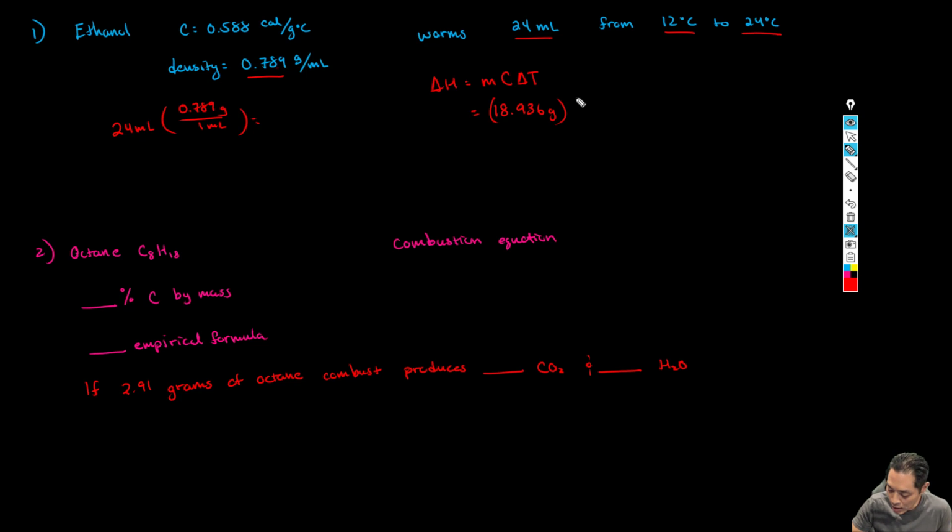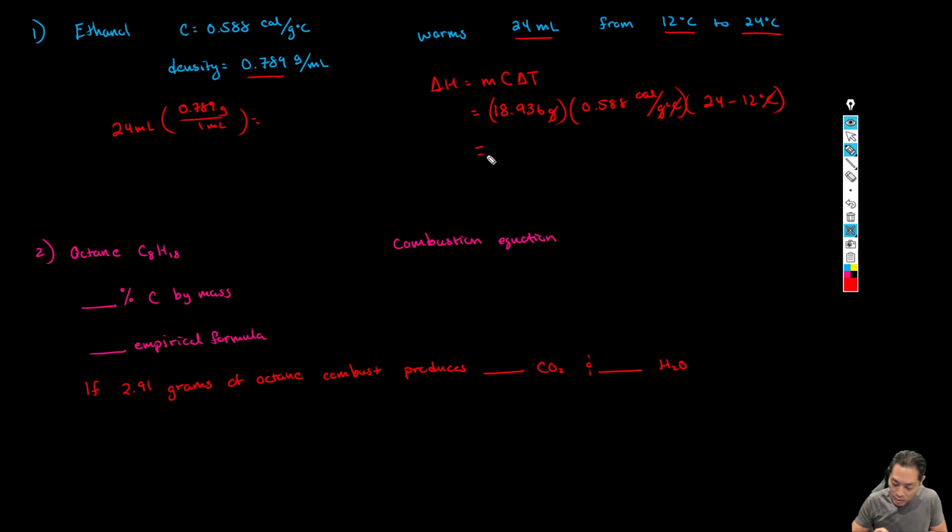initial points. Specific heat is 0.588 calories per gram degree Celsius, and then it goes from 12 to 24, so final minus initial, and then that will be my equation. The grams cancel out, the Celsius cancel out, and you're left with calories.